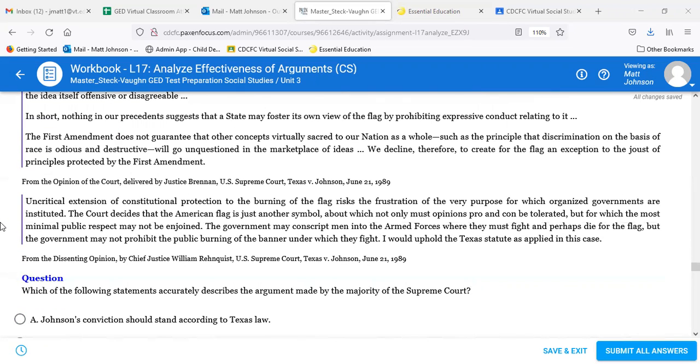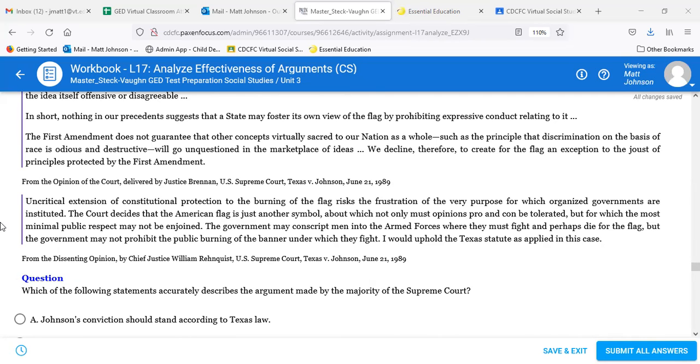And then the dissenting opinion, right? I don't know what the ruling was, but there was at least one justice that said no, this isn't right. So we'll see what his opinion was here. It says, uncritical extension of constitutional protection to the burning of the flag risks the frustration of the very purpose for which organized governments are instituted.